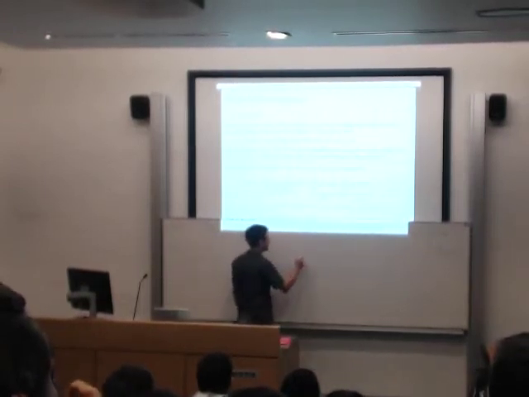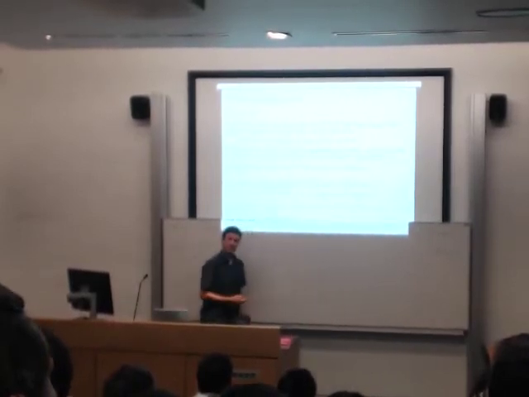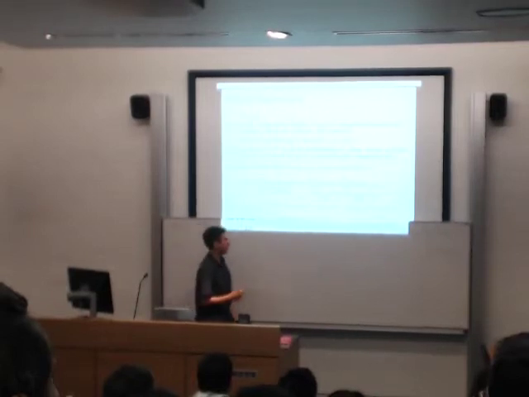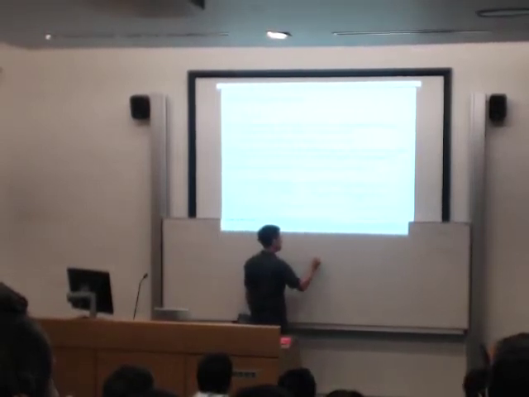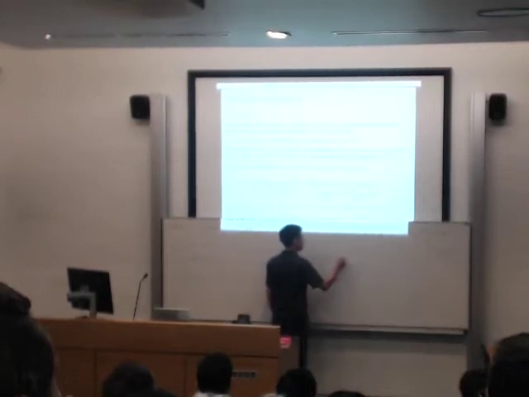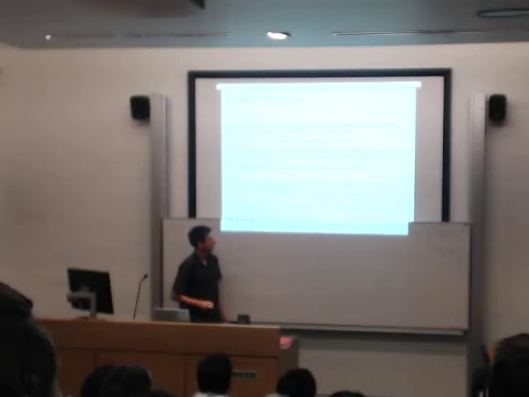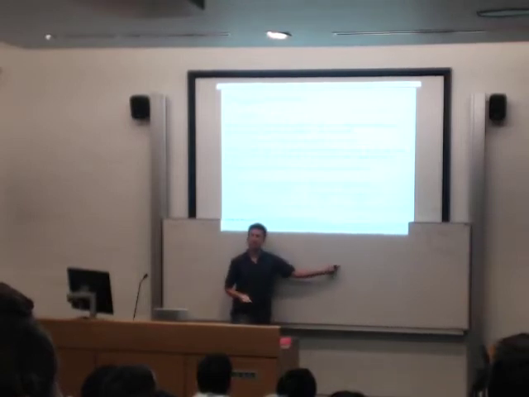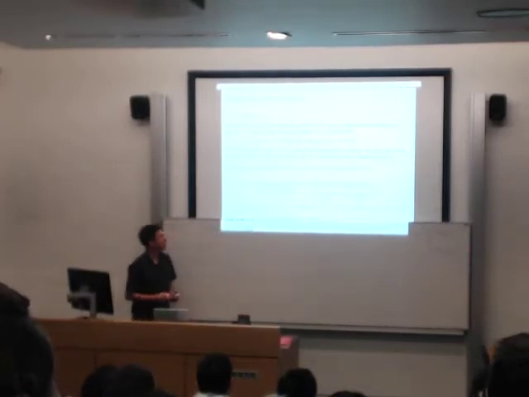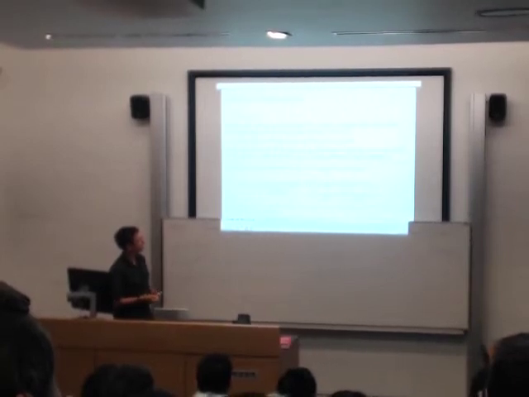Now, from the conditional independence assumption of x and y given z, which says that they're independent, this is equal to p of x given z times p of y given z. This is not generally true, but in this particular problem I'm told that's the case.